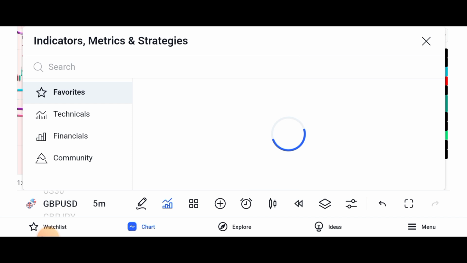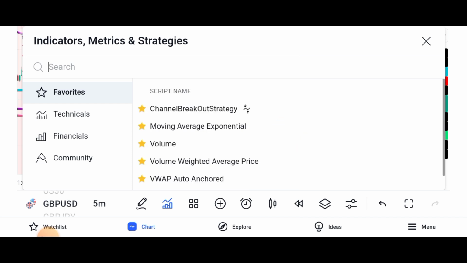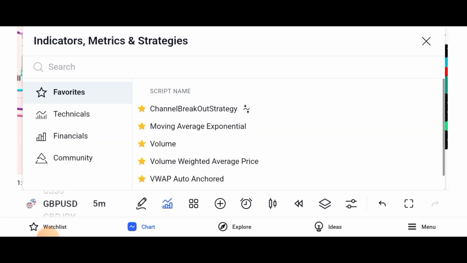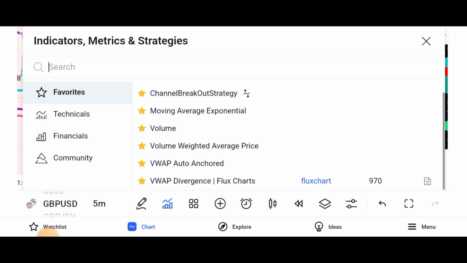You can just get it on your indicators. Go to VWAP auto and VWAP divergence. Here it is on the bottom here. VWAP divergence by Flux Charts. Put that in there and it will really help you.